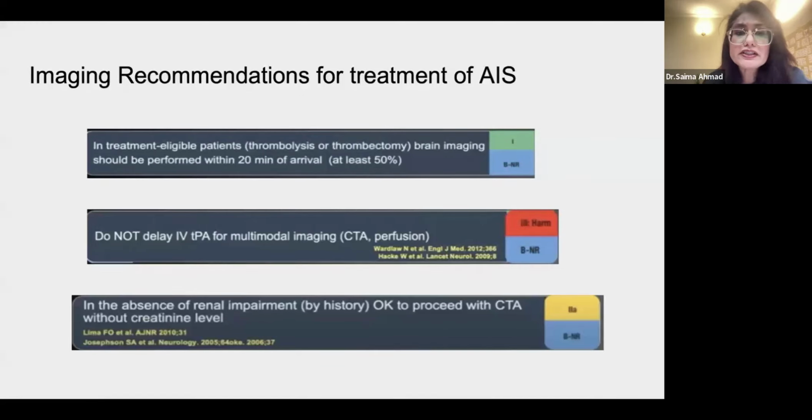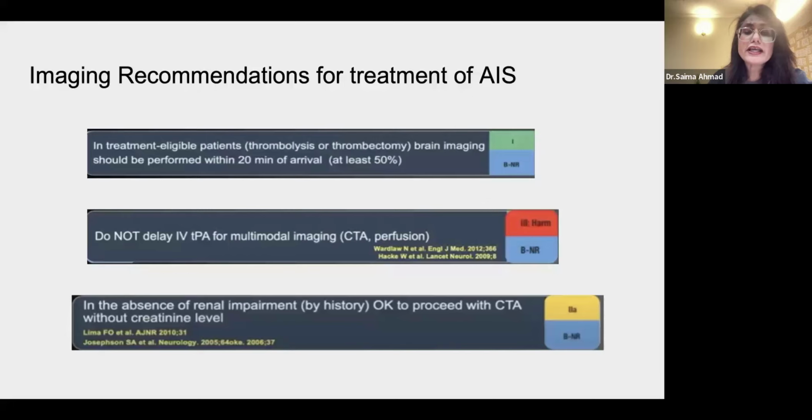So what are the imaging recommendations for the treatment of the acute ischemic stroke? So these are the few bullets. We quickly go through these bullets, and I have taken this from the American Heart Association. So in the treatment eligible patients, either for thrombolysis or thrombectomy, brain imaging should be performed within 20 minutes of arrival. And at least in 50% of the patient, they should be done within 20 minutes.